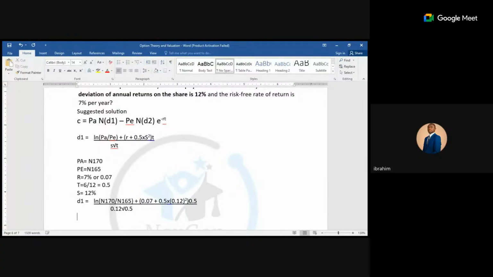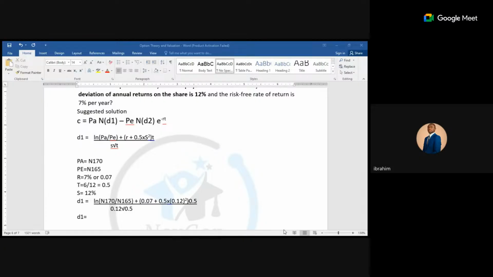Now, we can have here D1 equals to, please, from your calculator, you can check your calculator. Are you there, class? Are we still together? Yes, sir, we're together. 170 divided by 165.